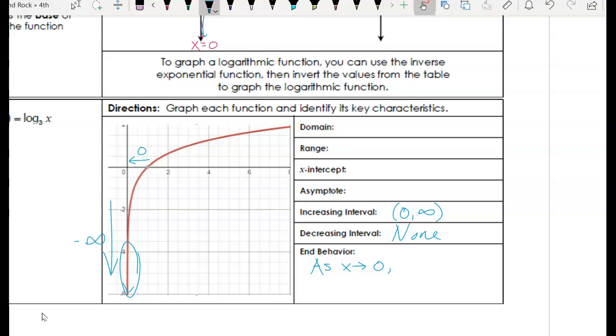Negative infinity. And then the other statement is like normal. As x goes to the right, what does it go to? Positive infinity. So as x goes to positive infinity, y goes to where? Positive infinity as well.